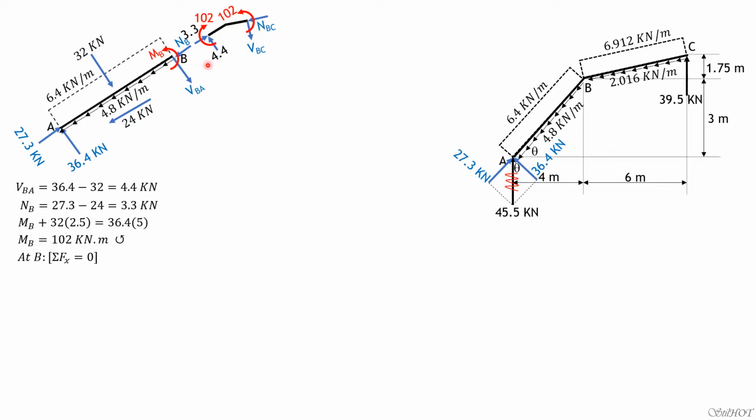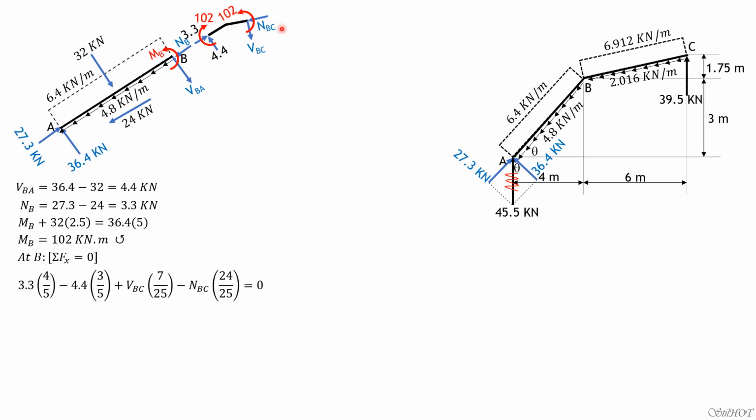So we have shear BC, or 3.3 times cosine of theta, which is 4 over 5, minus, because 4.4 is up to the left, so minus 4.4 sine theta, 3 over 5. That's the sine of theta here. Then plus shear BC, it's going right, times 7 times sine of beta, which is 7 over 25.